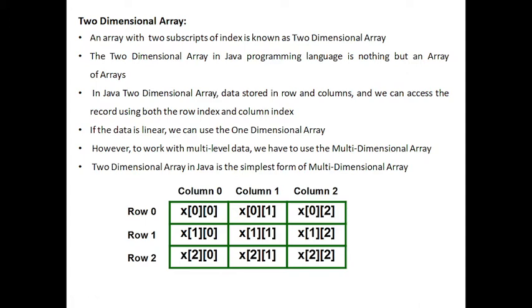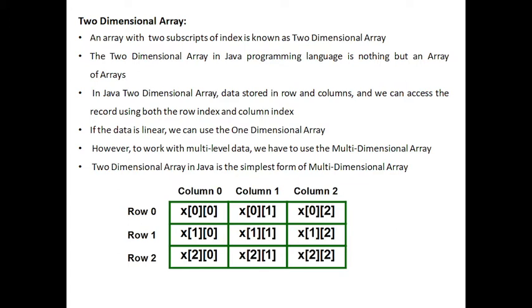Next, this is the structure of how 2D array elements are stored. This is a memory location, this is another, and another. As we discussed for the 1D array, the memory locations are continuous, but with only one row or one column, not both.